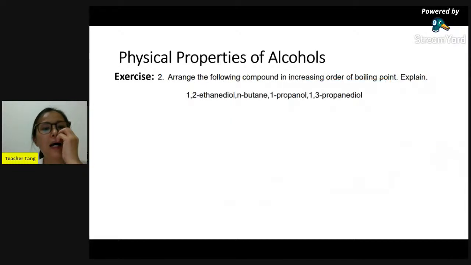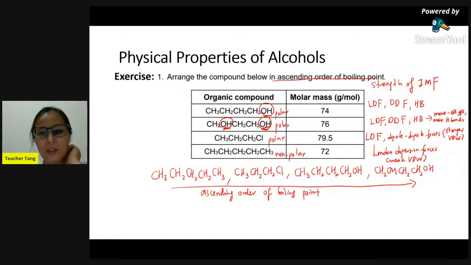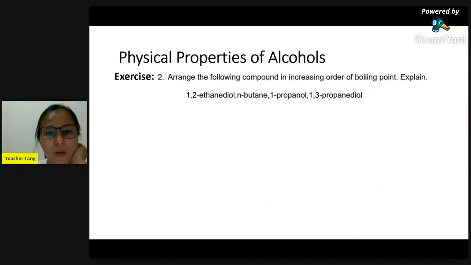Now, just now they did not ask you to explain, so shall we move on to exercise number 2? It asks us to arrange the compounds in increasing order of boiling point. Use the same concept. This is an alkane, so non-polar, with only London dispersion forces, so the lowest boiling point.